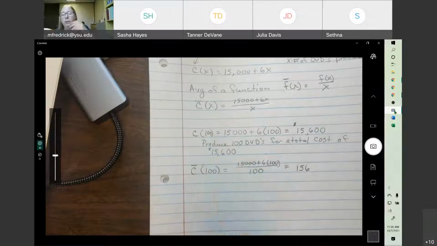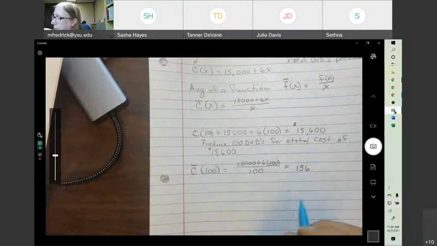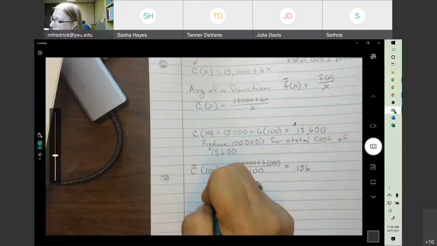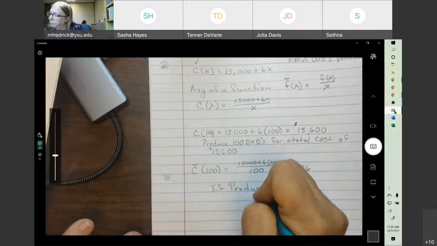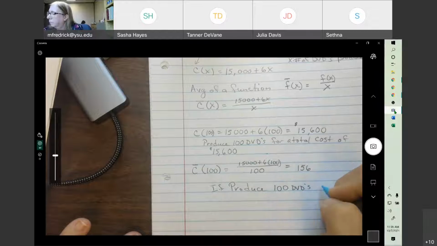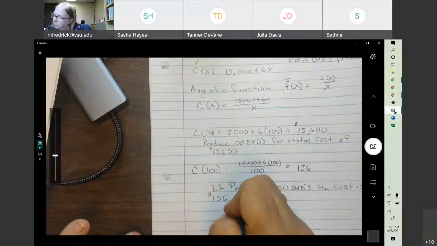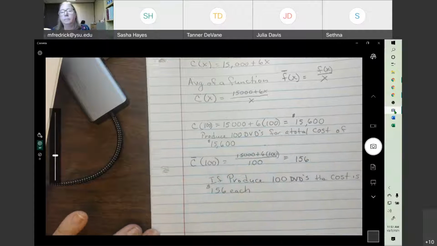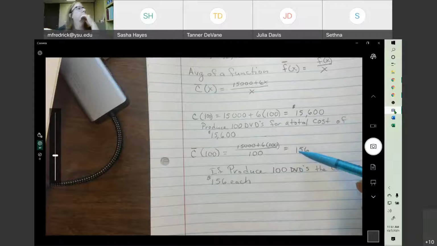So this cost function tells you the total. This is letting you know how much it costs for each one. Any questions on the difference between the two?